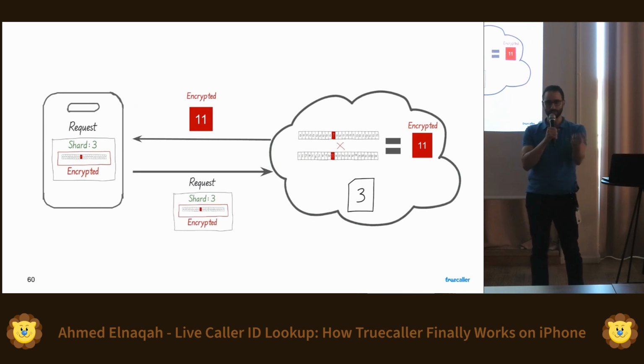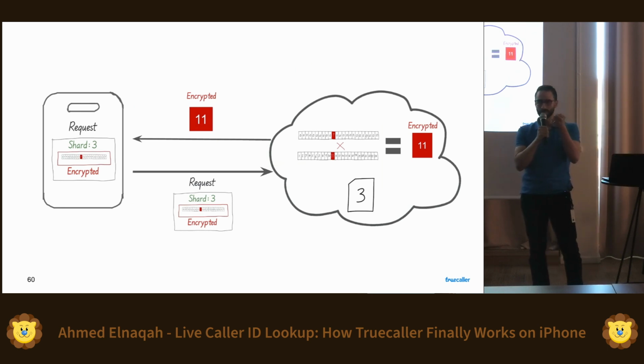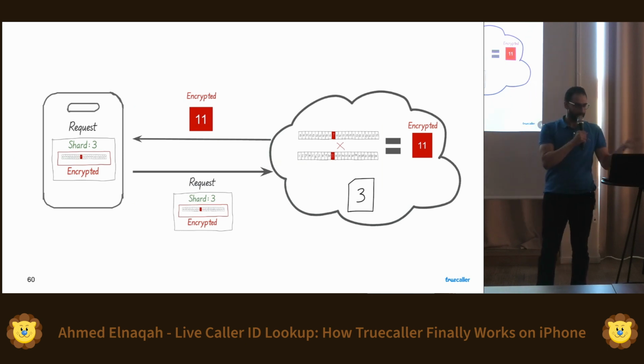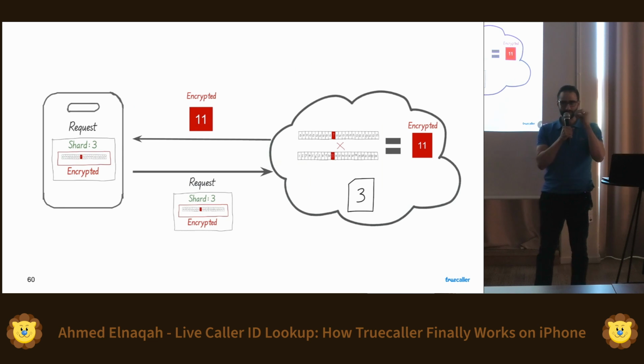Our service will fetch shard number 3, apply a mathematical operation on that, which is encrypted, get an encrypted bucket, and send it back to the client. The client will check for the phone number inside. It can be a hit or miss. So it will get the bucket anyway. And by doing that, actually, we achieved an encrypted, or private, information retrieval of the phone number.